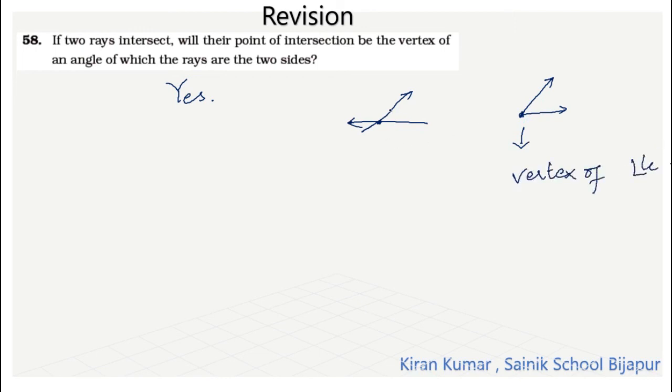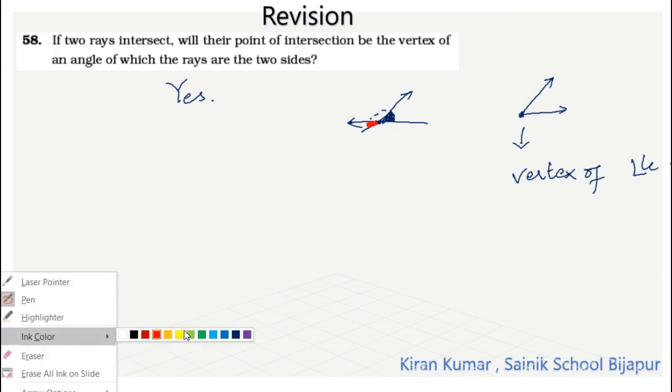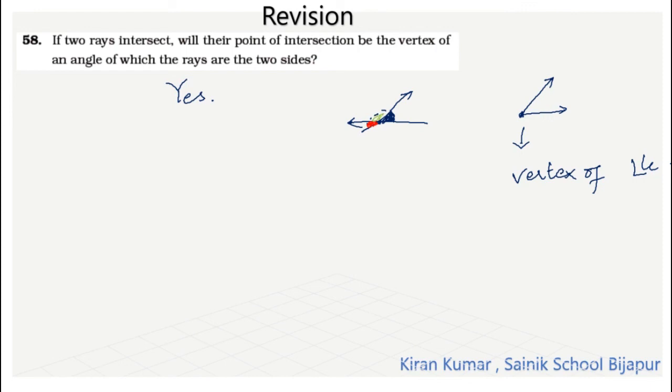In this case also it is forming vertex of angles. This is one angle, this is another, this is another. Let me name with a different color. This is the second angle. This is the third.